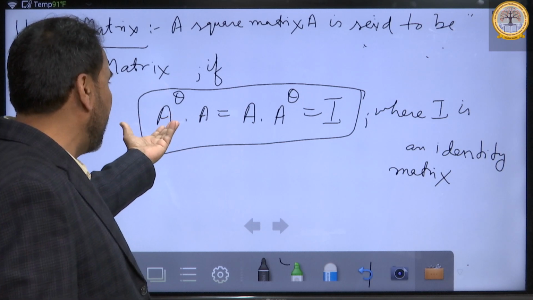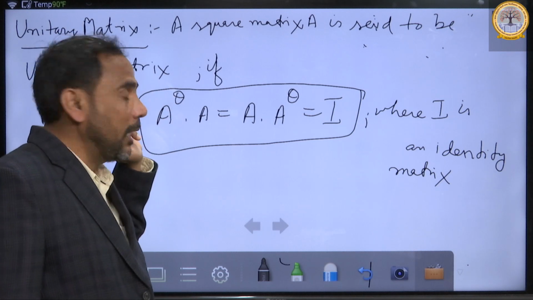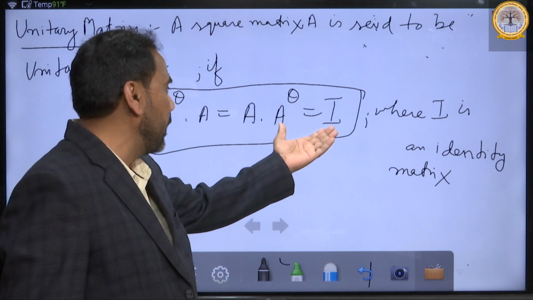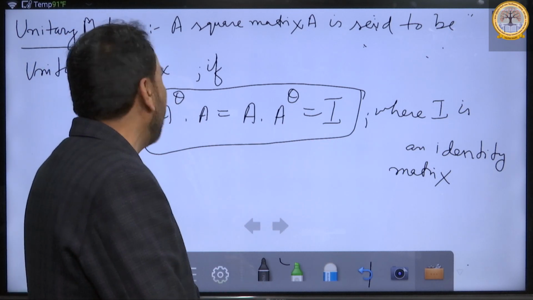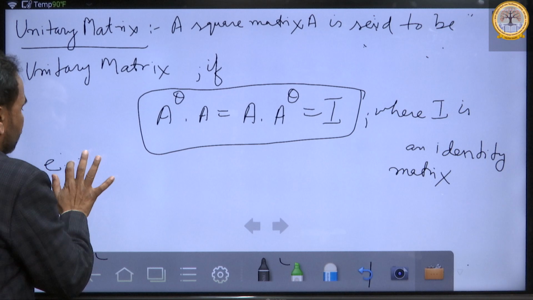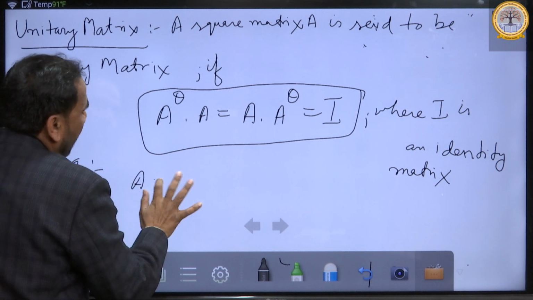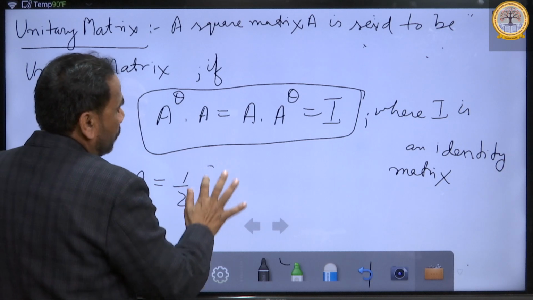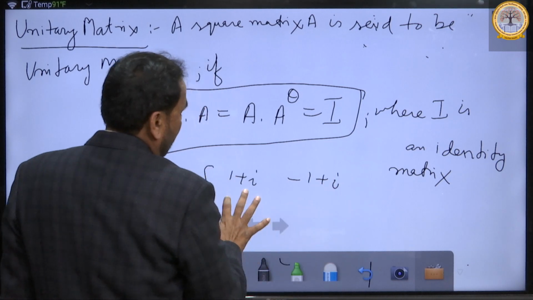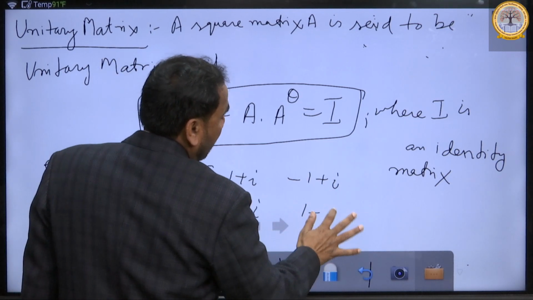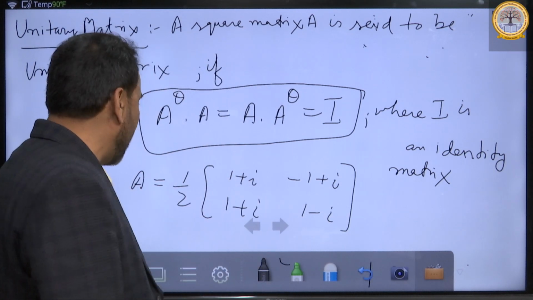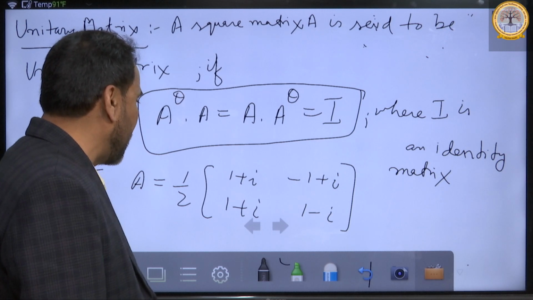So first we find A to the power theta for the given matrix A, and if the product A to the power theta dot A is equal to I, then matrix A is a unitary matrix. For example, here A is equal to 1 upon 2, with first row 1 plus i, minus 1 plus i, and second row 1 plus i, 1 minus i.